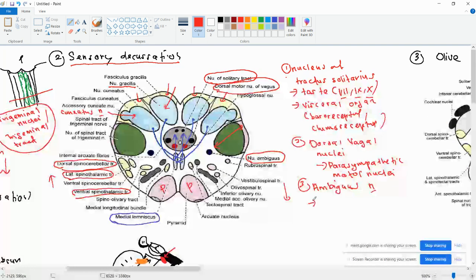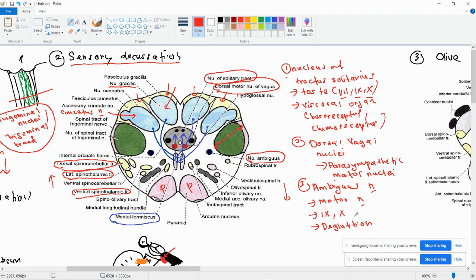This ambiguous nuclei is very, very important because it is a motor nucleus, and it is very important to stimulate cranial nerve number 9 and also cranial nerve number 10. Cranial nerves 9 and 10 are very important to stimulate muscles related to deglutition. Deglutition means swallowing. Alright? Okay, so this is very, very important.